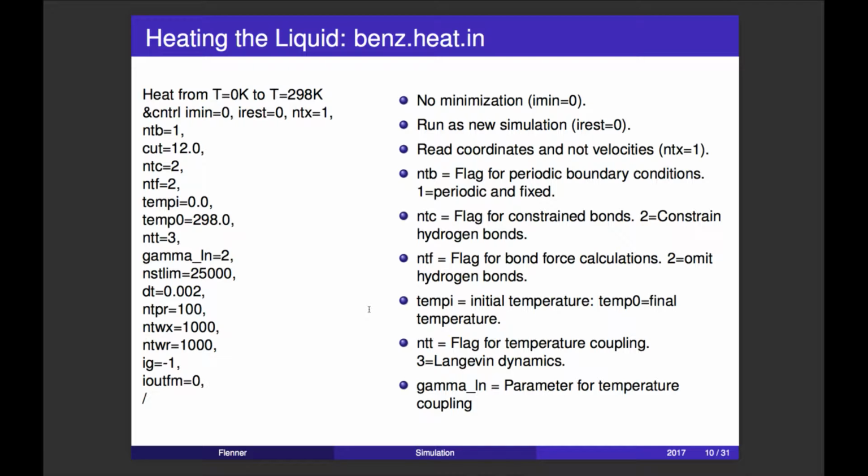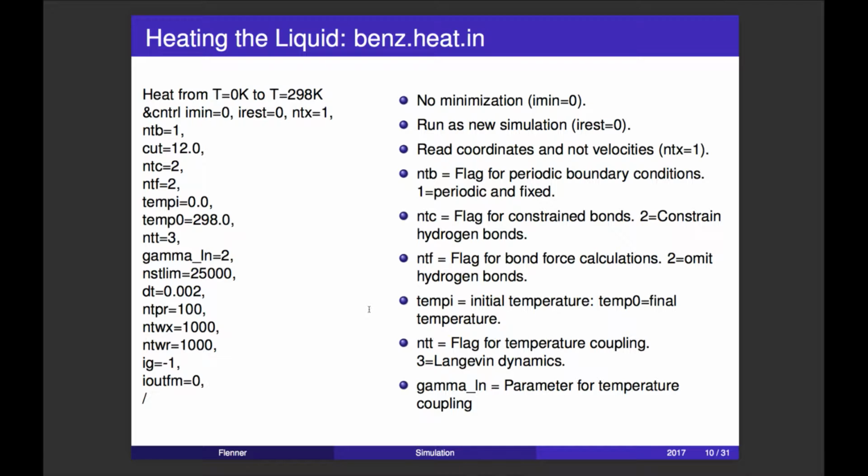Technically speaking, if you're at 0 temperature and there are no velocities, everything should move towards a minimum energy configuration. So then we can heat it. The typical thing to do is heat it from 0K to 298K.